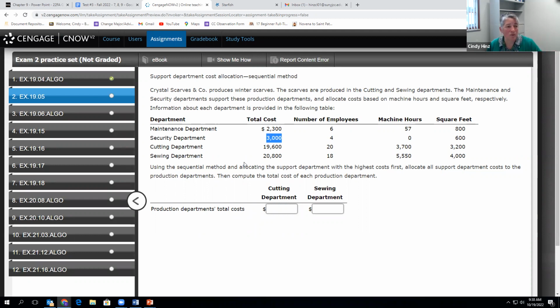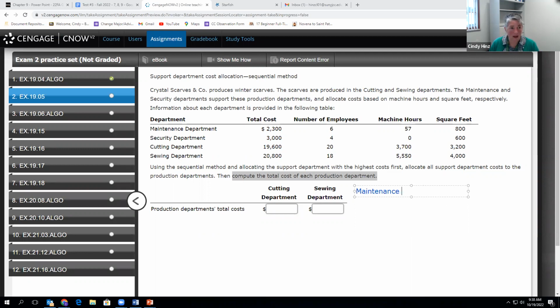And so let's get started with this. Again, we need to make sure we know what they're asking for. They're asking for the total cost of each production department. So again, I'm going to put a little table on the screen here. And I need to add a column for the maintenance department.